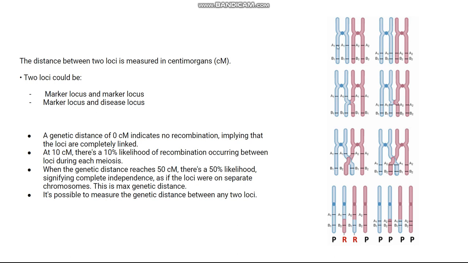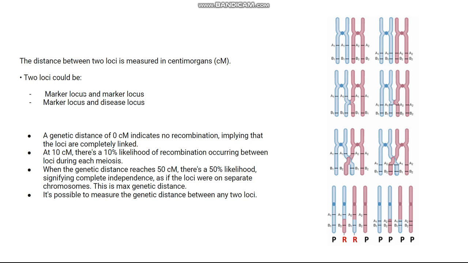The two loci on a specific chromosome could be a marker locus and a marker locus, or a marker locus and a disease locus. The disease locus is the locus related to that disease, but what is a marker locus? It is something we have utilized to make all this genetic mapping much easier for us.